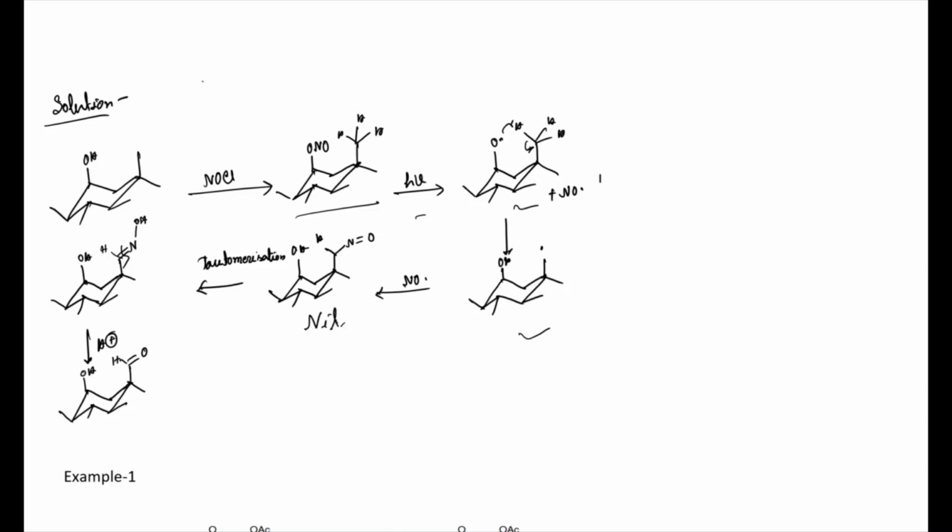This is nitroso, which will undergo tautomerization to an oxime, which on hydrolysis gives the corresponding aldehyde. Now here a trick is there.